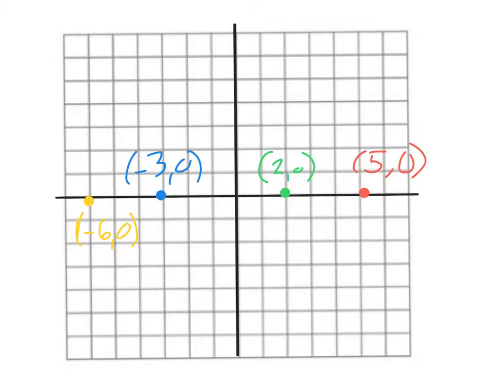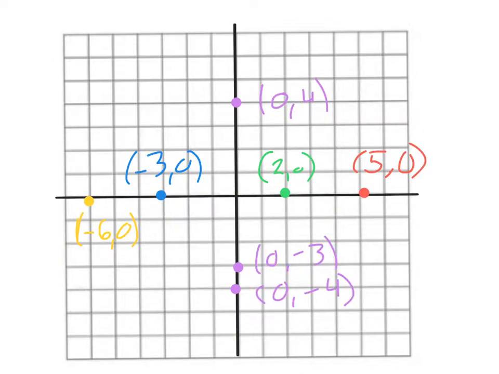Now, on the flip side, think if I was dealing only with y-intercepts. Say that I have a y-intercept here, and here, and another one here. What are these values? Well, this one is 0, 4. This one is 0, negative 3.